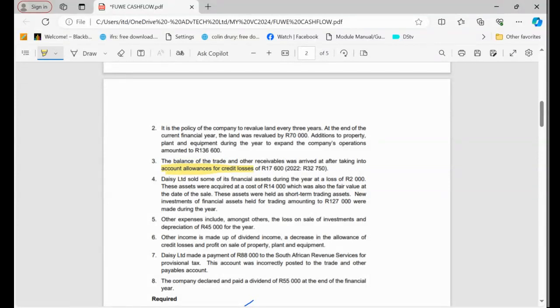That money is not exposed anymore to the credit losses. Because if we are having it there and we have credit losses, we're going to use that money. So what I want you to note: any increase is not a good thing because we are taking money out of the business in a way.